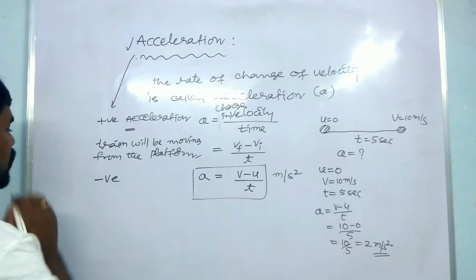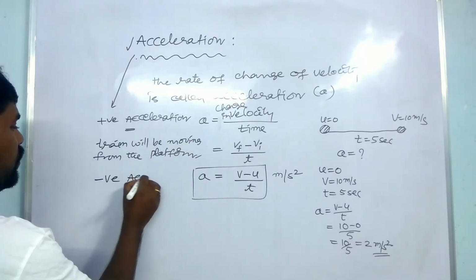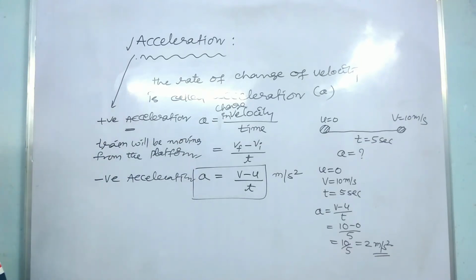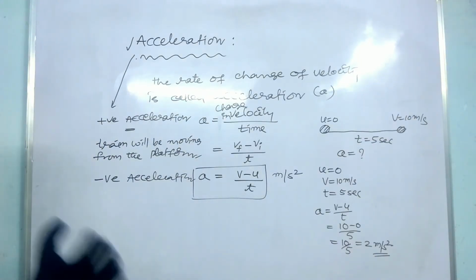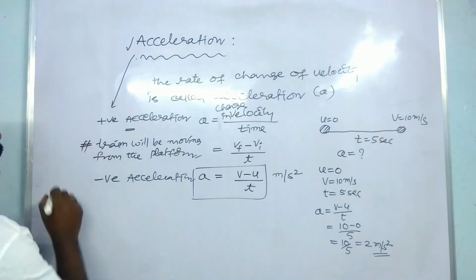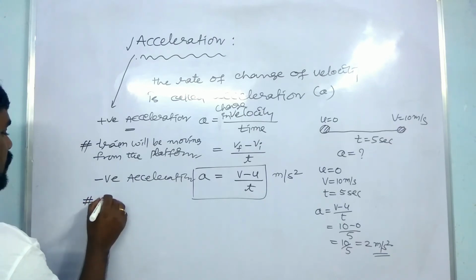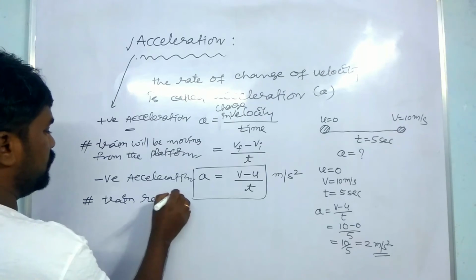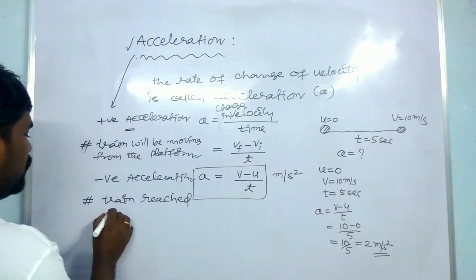And one more, that is negative acceleration. What is meant by negative acceleration? Negative acceleration is nothing but the velocity decreasing with time. The example is when the train reaches the platform.